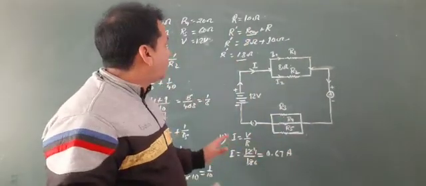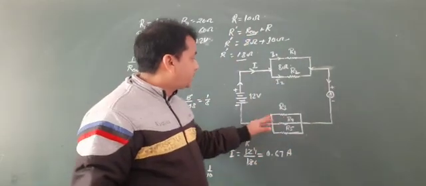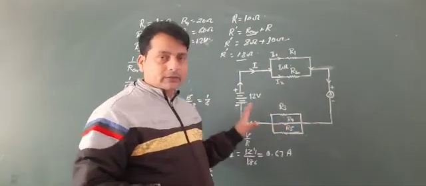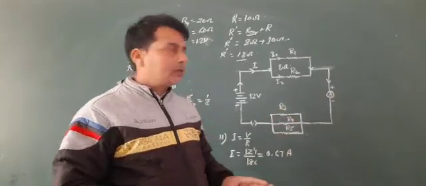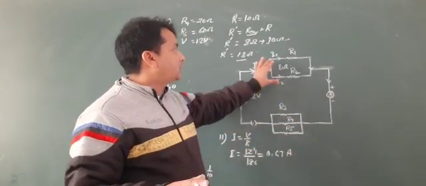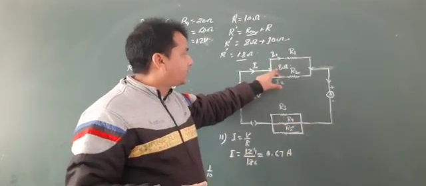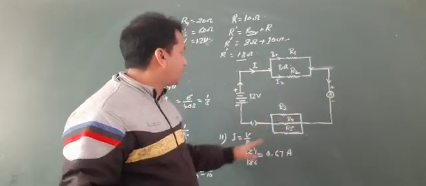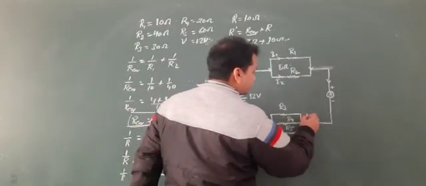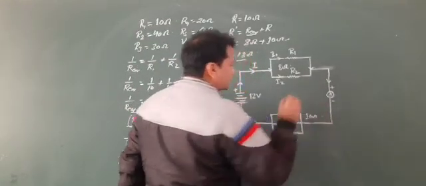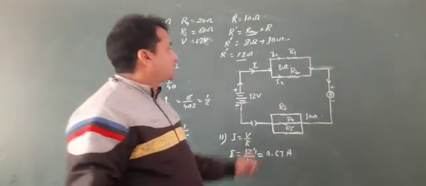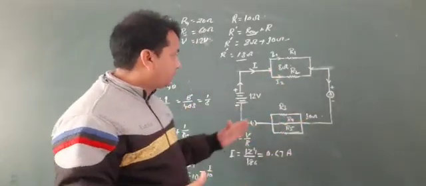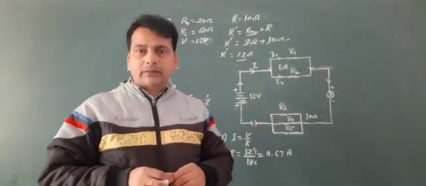Okay, now the equivalent resistance, or total resistance, in this circuit diagram. We know the equivalent resistance of R1 and R2 is 8 ohm, and the equivalent resistance of R3, R4 and R5 is 10 ohm. So 8 ohm and 10 ohm are connected in series combination.